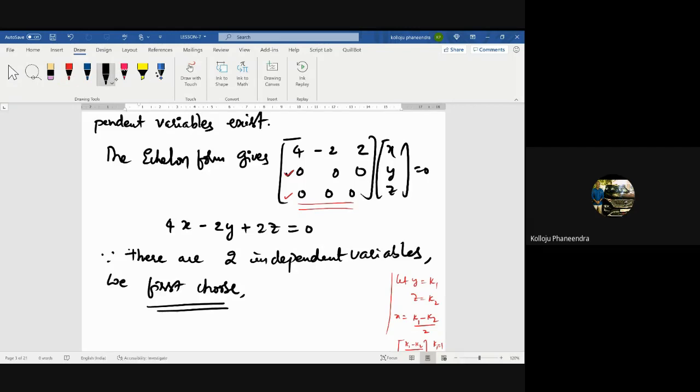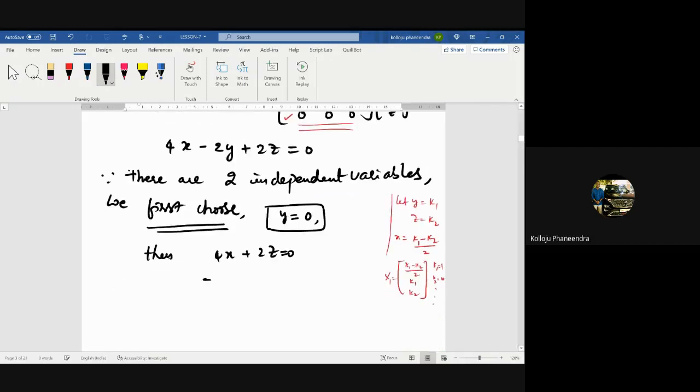We first choose y equal to 0. Then 4x plus 2z equals 0. Then x equal to minus z by 2. Is it correct?